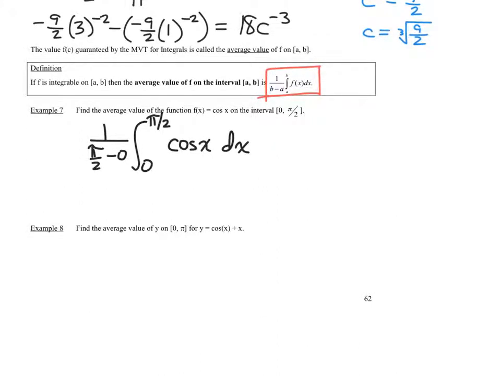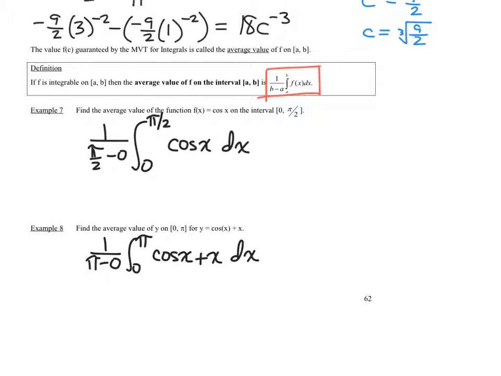We'll crank that out in a sec, but I'll set up the last one also because it's pretty much the same idea. 1 over pi minus 0 times the integral from 0 to pi of cosine x plus x dx.